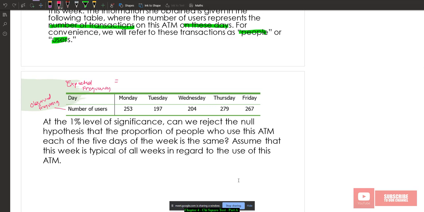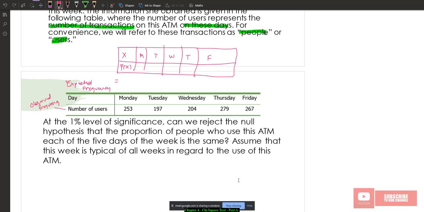So we have 5 days, right? So let's say I create a new table for a probability table. So I have x, which represents days. This is the probability of x. So Monday, Tuesday, Wednesday, Thursday, and Friday. So let's assume all days are equal.